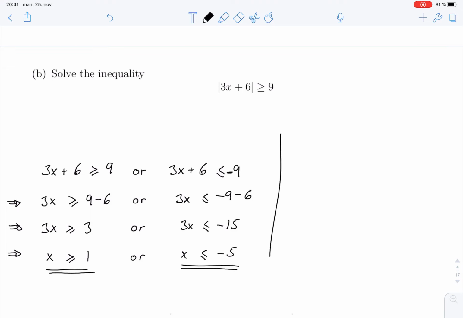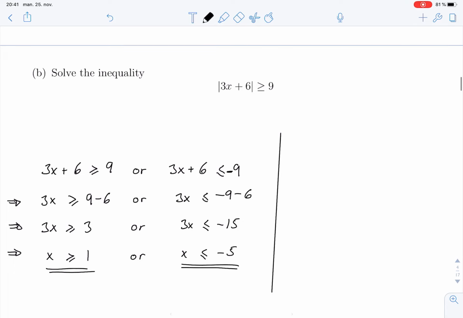Just to make sure that you understand what I'm saying here. Let's say we have x equals 2, which is larger than 1, so it's okay. It should be 3 times 2 plus 6. This would be 12, which is larger than 9.